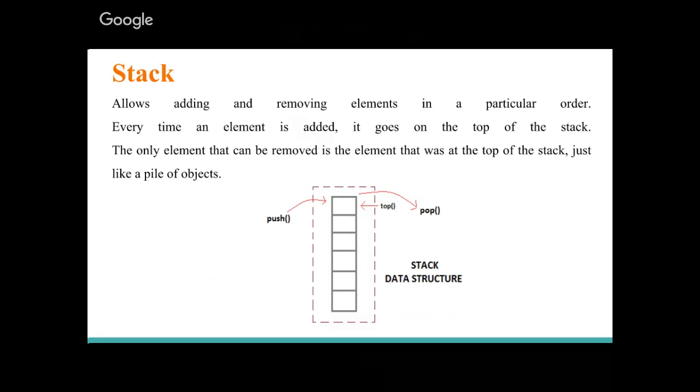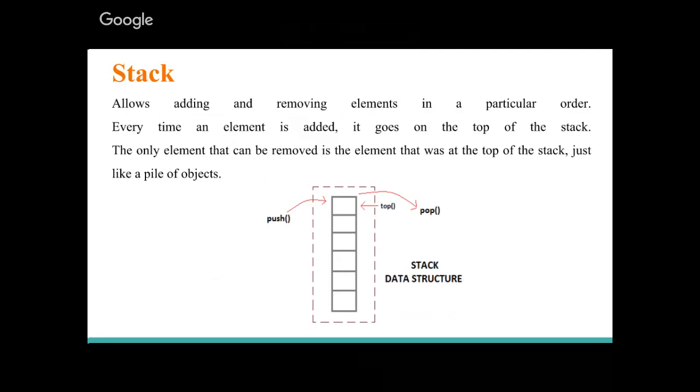As you can see in the diagram, there is a stack, and elements are entering at the top and being removed from the top. Every time you add an element, the top will move to the added element. If you remove that element, the top will move back to the previous element, pointing out the top of the stack at any point of time.